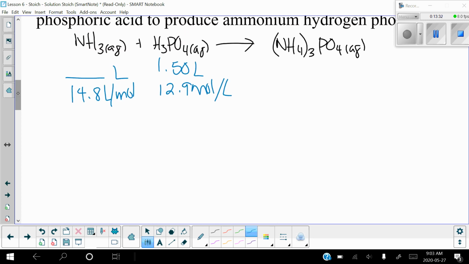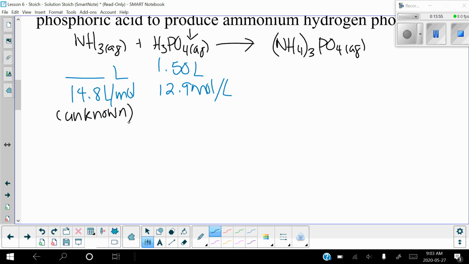Okay. What we're going to do from here is find the volume. You're always going to start with what's known. And what's known is what's given us the more information. This is our unknown because we are looking for liters. Okay, so by default, the other one becomes my known.